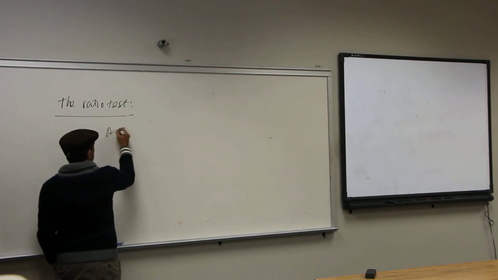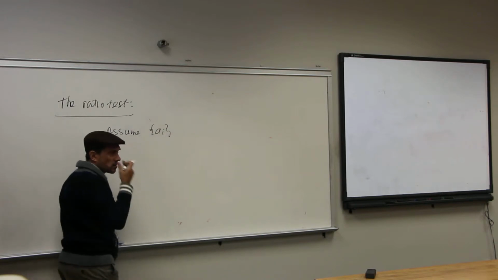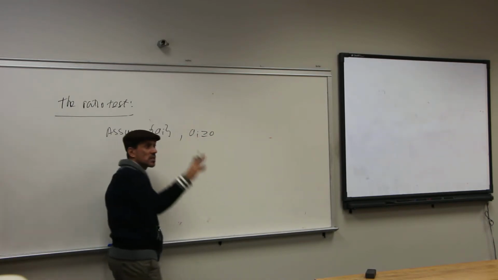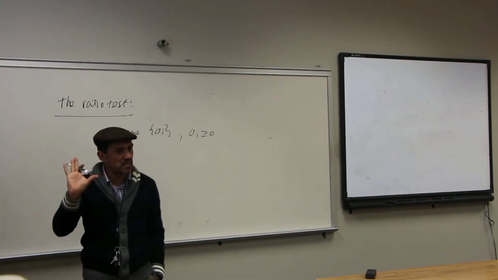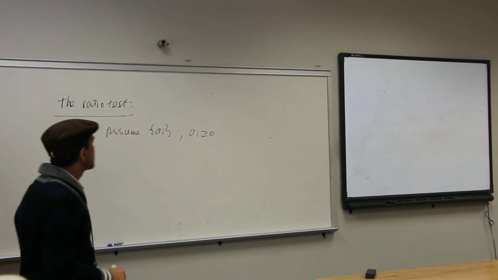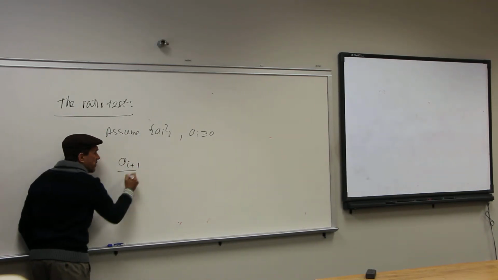Assume you have a sequence a_i, and assume the sequence is non-negative. No term is negative. So I don't have to worry about absolute values. Now look at the ratio eventually.